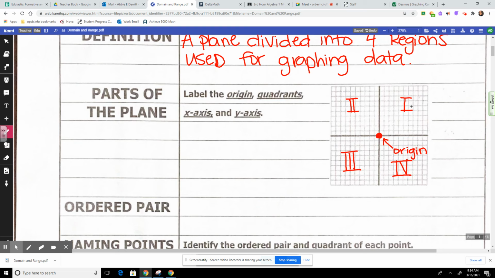They start in the top right and they go counterclockwise. The x-axis is the horizontal line. And the y-axis is the vertical line, the vertical axis. So those are the parts of the coordinate plane. Hopefully the only information that you may have forgotten was the labeling of the quadrants and which quadrant was what.